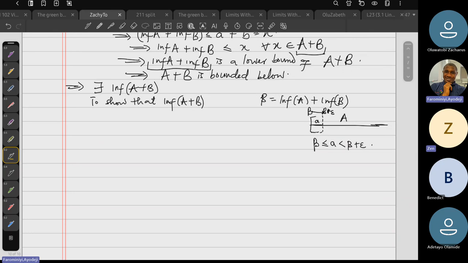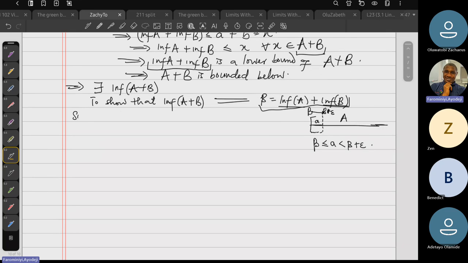That's a property of the infimum. So we want to see whether our beta satisfies that property. To show that the infimum of this is equal to this, let's use the properties of the infimum of A and the infimum of B using the characterization.